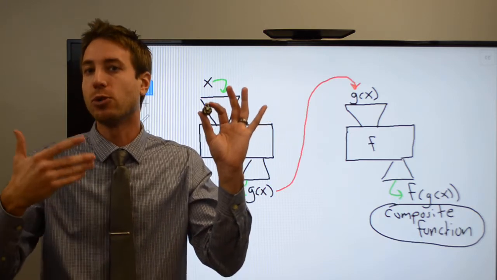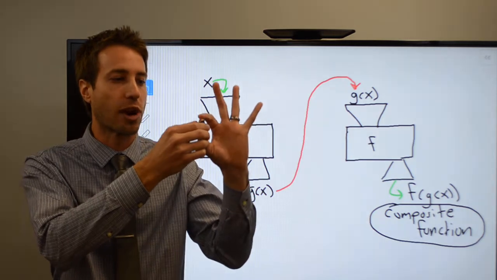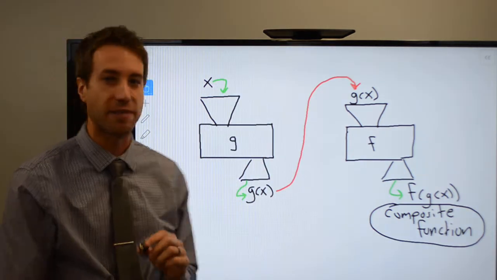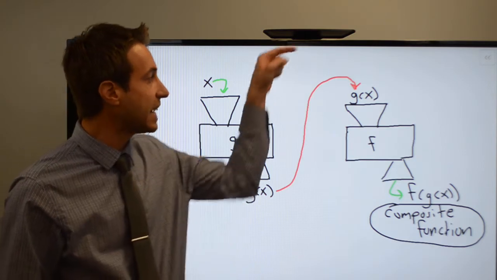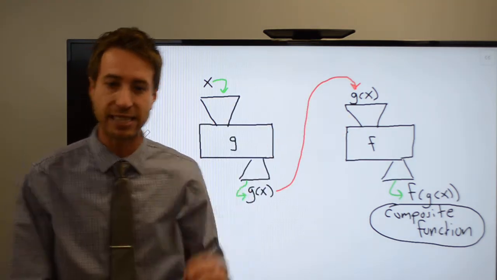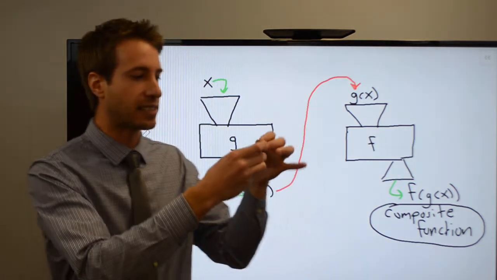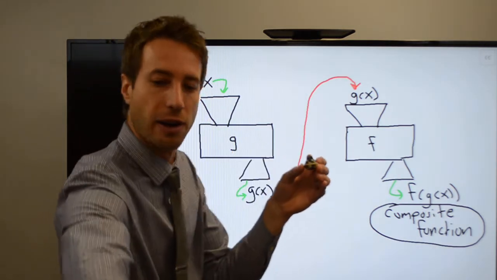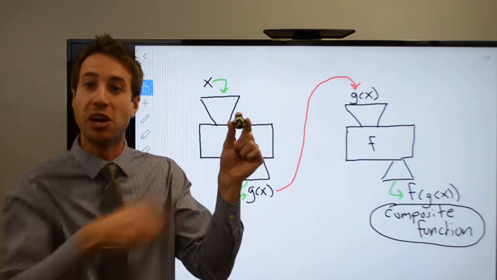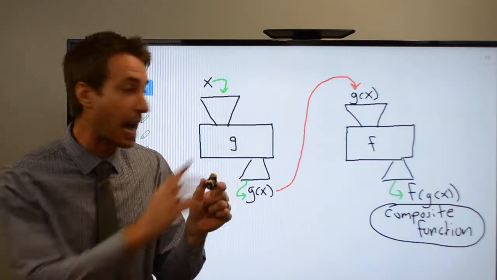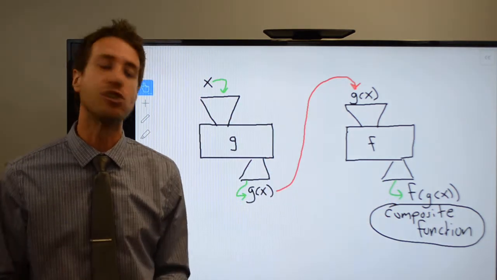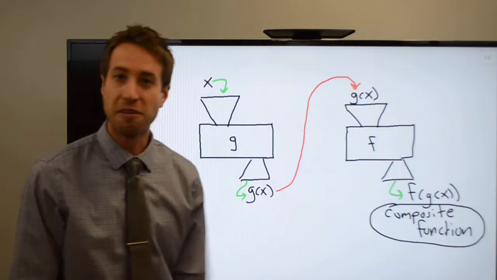We're now going to do what's known as a composite function, where I take that new range value, which I call g of x here, and put it inside of yet another function, which I have called f of x, and I get out yet another range value. This is what's known as a composite function.